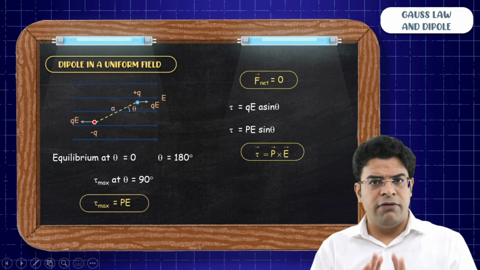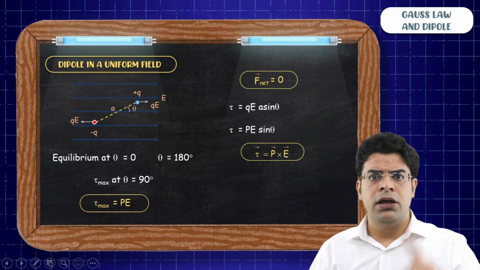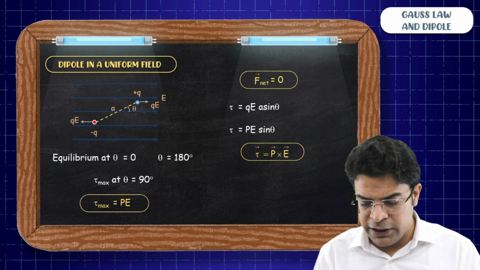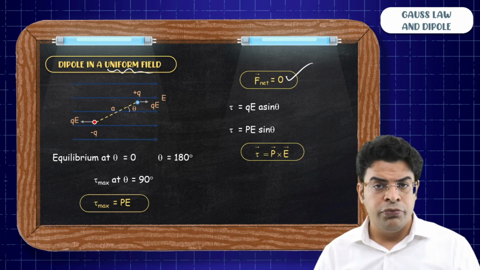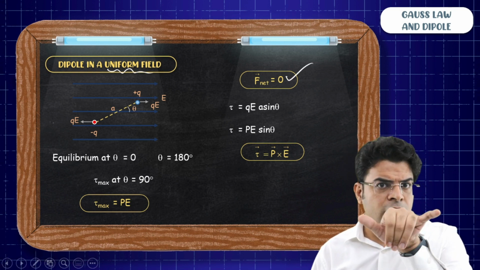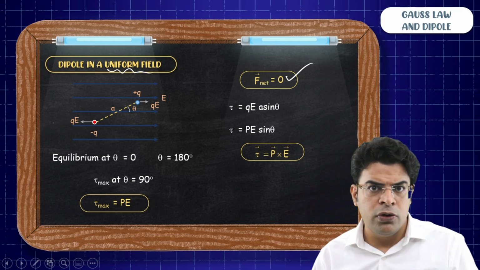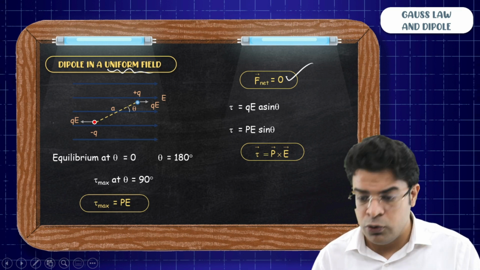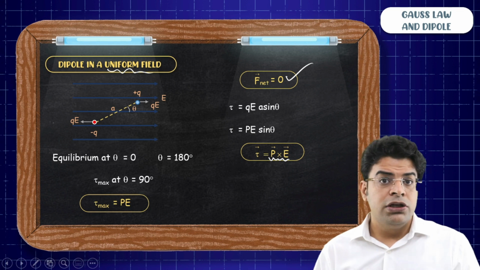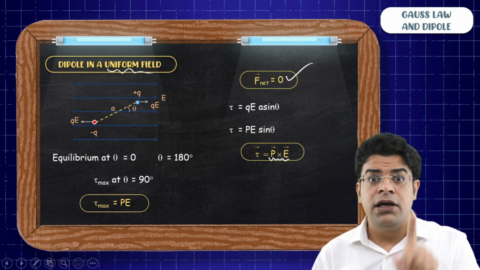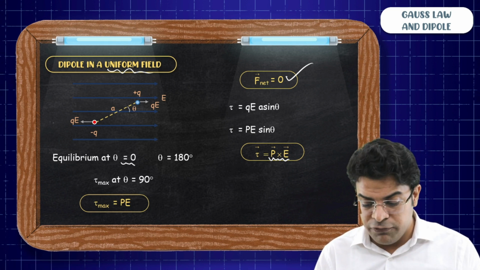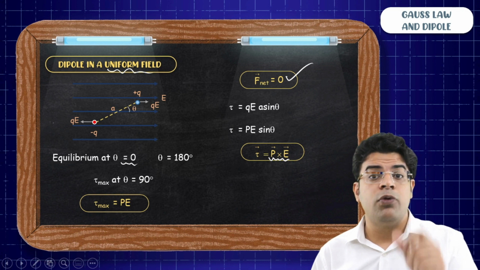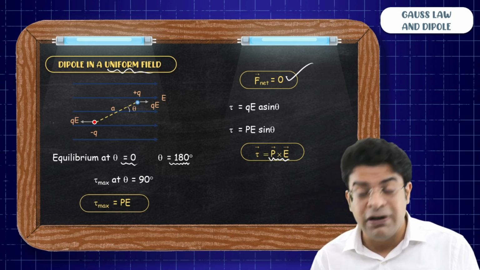So here we have learned multiple things. First, the net force acting on a dipole placed in a uniform field is 0. This result is independent of the orientation of the dipole. The torque acting on the dipole is given by P cross E. The torque will be 0 when the dipole is parallel to the field, theta equals 0, or when the dipole is anti-parallel to the field, 180 degree.